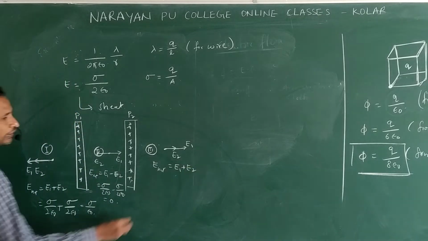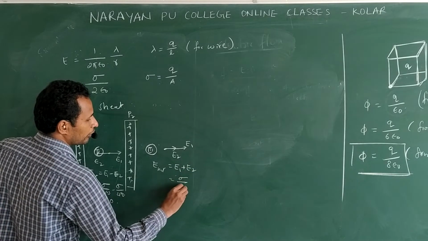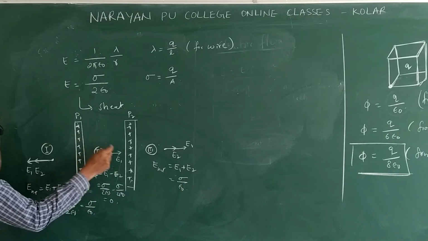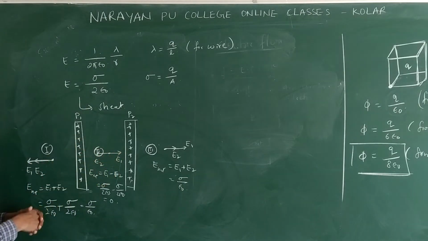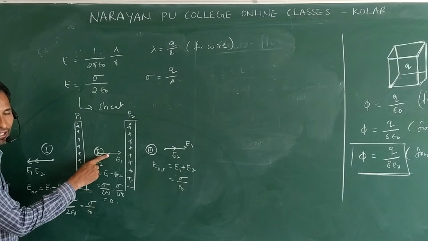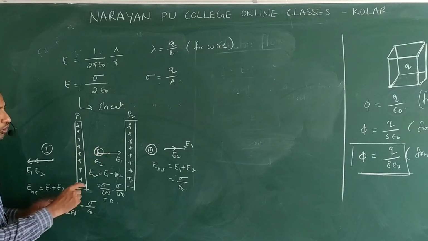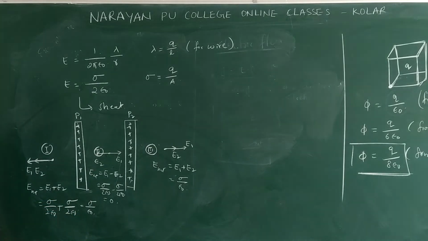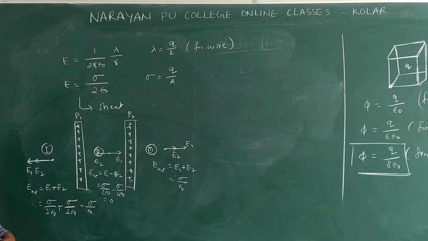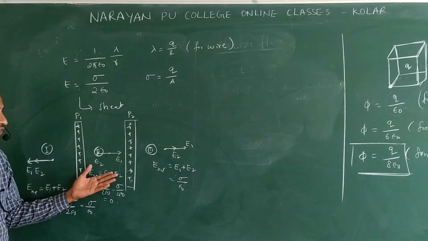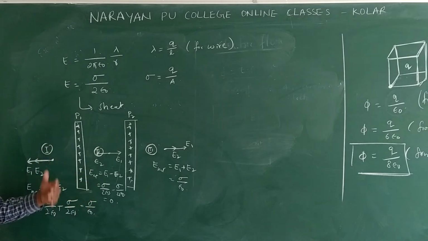Again we get the same answer, sigma by epsilon naught. If we have two plates with the same kind of charges, between the plates the net field is 0. Outside the plates the field is not 0. If one of the plates is opposite, or negative, then we will have a field between the plates, and outside we do not have a field.